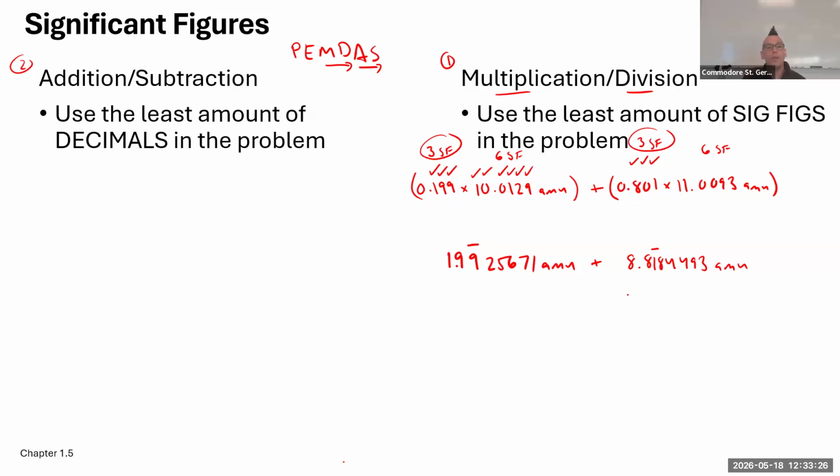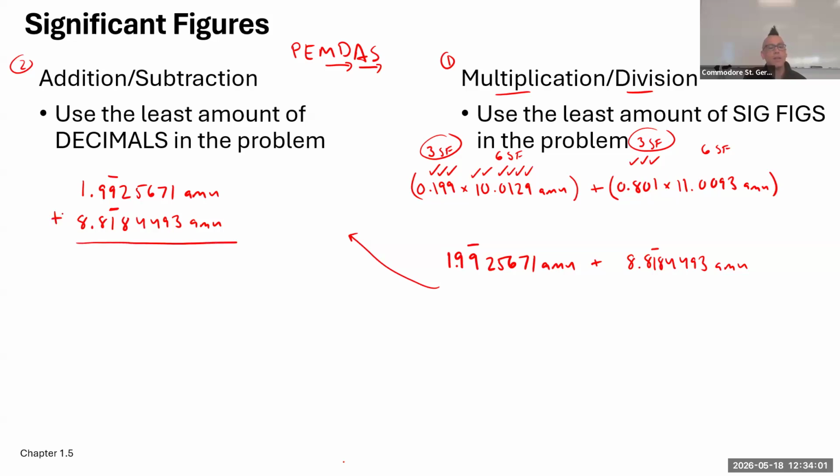Okay, so now when we add these together, let's move over here and we'll say 1.99256671 AMU. I'm going to put a line over the 9 because that's our third significant figure. 8.8184493 AMU. And I'm going to put a line over here because that's our last sig fig for that problem.